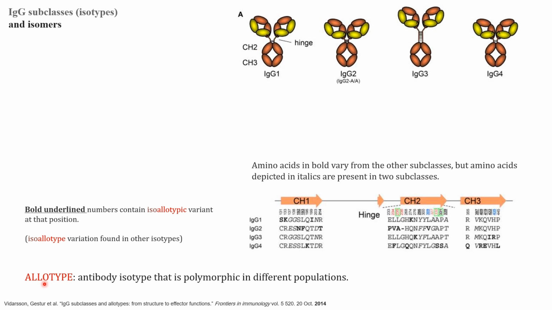So within the population, the IgG1 of my antibodies might be different from the IgG1 of your antibodies. There are not that many allotypes identified: a few dozen for IgG in the heavy chain, and a smaller number in some of the light chains.